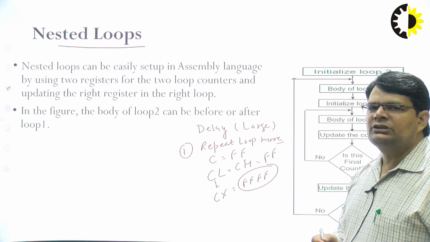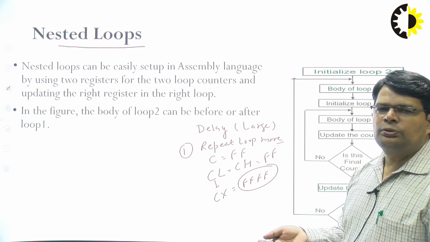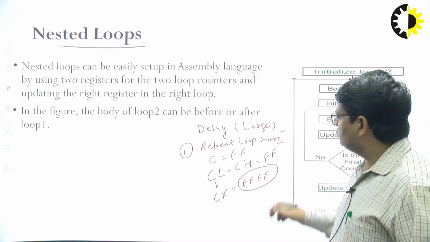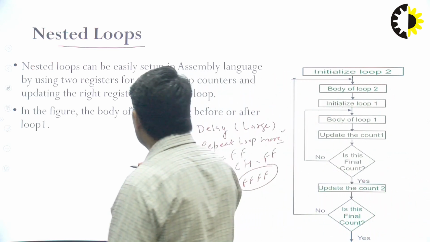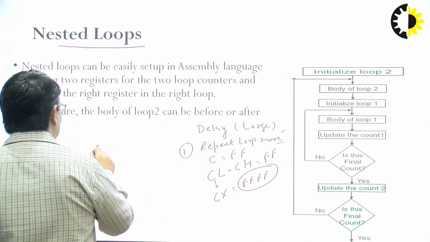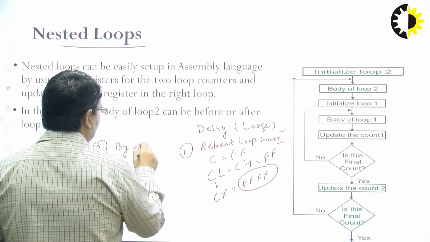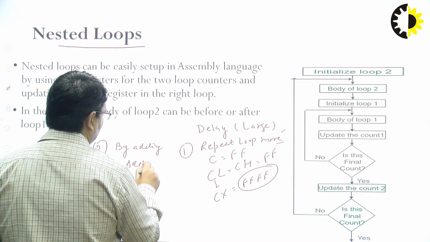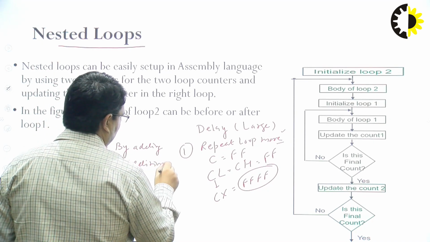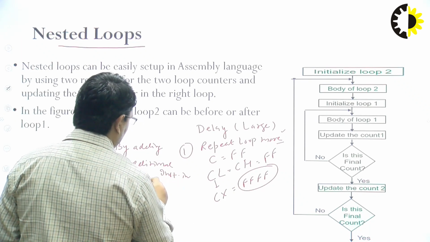So one concept is by increasing the value of the counter of the loop, that we can increase the delay. The second technique that can be used for delay generation is by adding additional instructions in the loop.